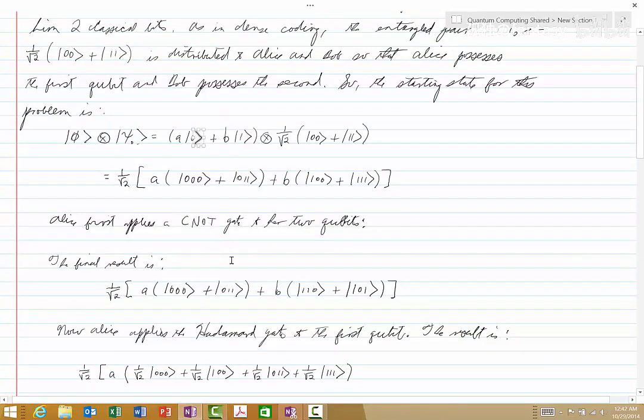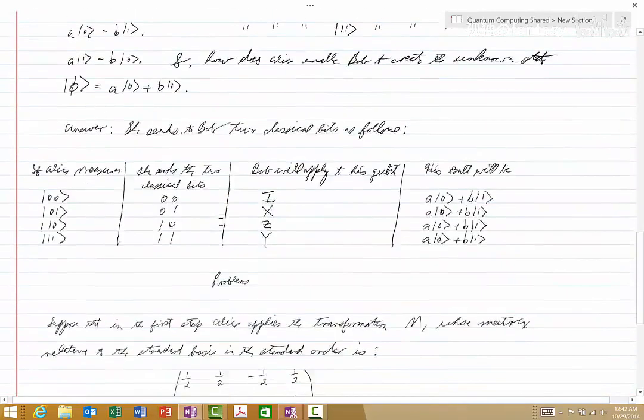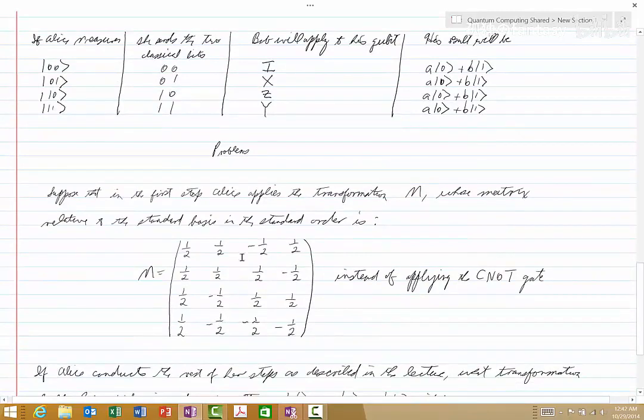And in our problem we said, well, what if instead of applying the C0, what if Alice applied this? So again, now in the quiz 23, we said that if Alice applied her transformations in a different order, what transformation could Bob substitute for C0 in order to undo that? And this turned out to be the matrix.